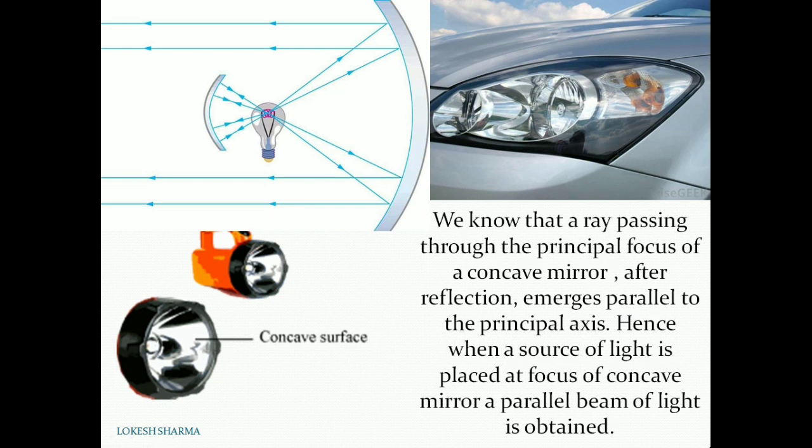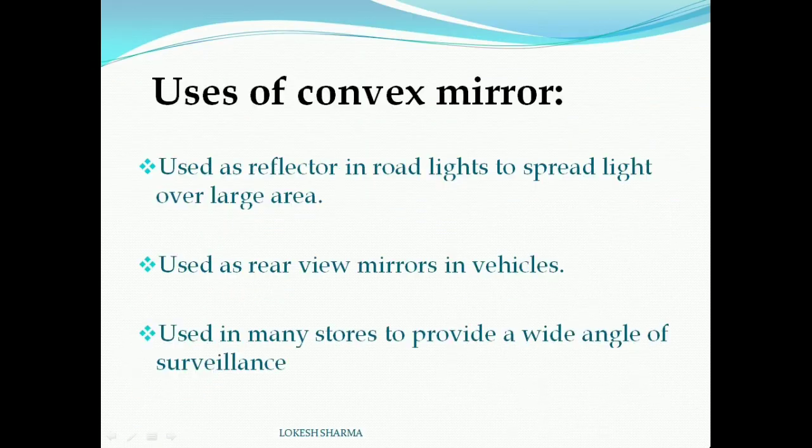Hence, when a source of light is placed at the focus of a concave mirror, a parallel beam of light is obtained. The light beams coming from the source, after striking the mirror, become parallel to the principal axis.